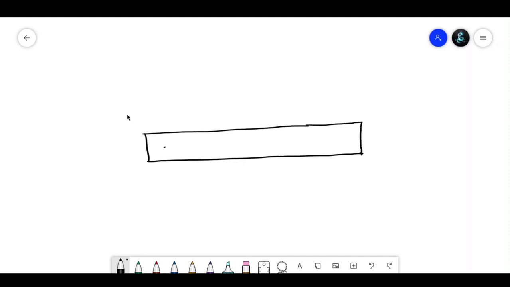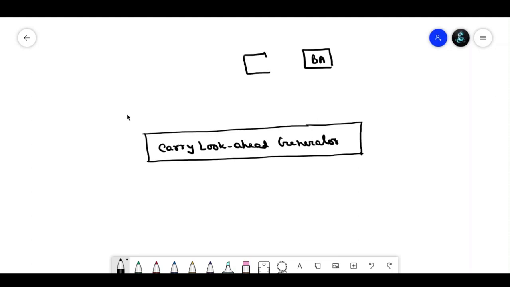So if we draw the carry look ahead generator, I am drawing the 4-bit carry look ahead adder circuit. For this, 4 basic adders will be needed.